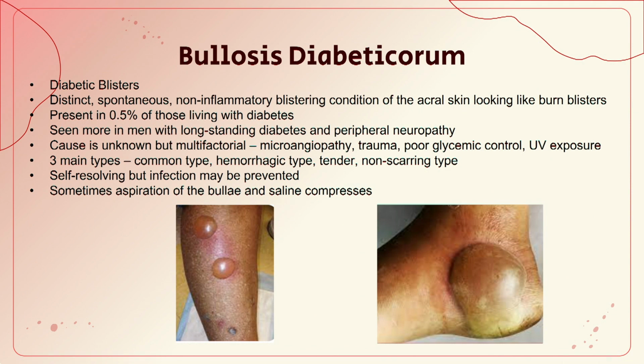Again, cause is multifactorial, and three main types have been seen. One is a very common type that I've shown you here, another is a hemorrhagic type, and then there is a non-scarring type as well. These are self-resolving. If you feel that the patient is really inconvenienced, they can be aspirated without breaking them.